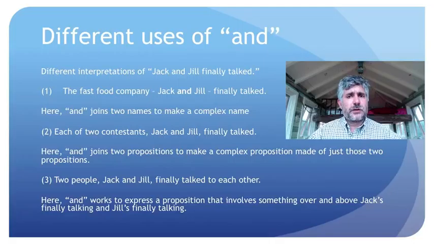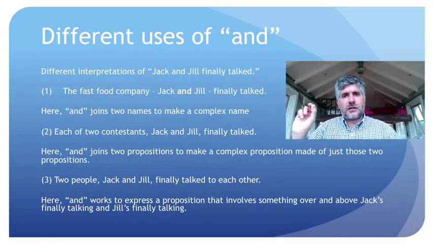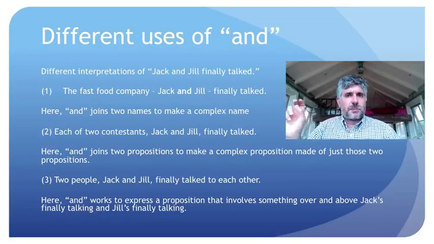Now there, when I use the word "and," I'm not just connecting the proposition "Jack finally talked" and "Jill finally talked." What I'm trying to communicate is not just that each of them talked. I'm trying to communicate that each of them talked to the other. I'm trying to say that they talked to each other. So there, in that third interpretation, the word "and" is not working just as a propositional connective.